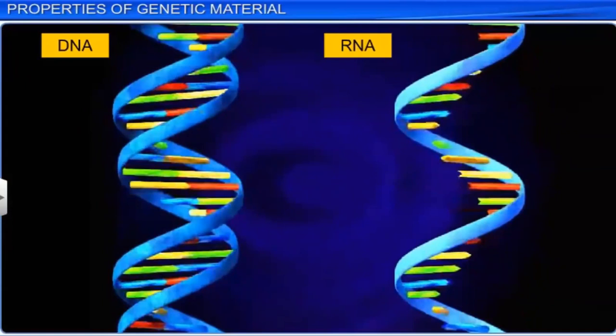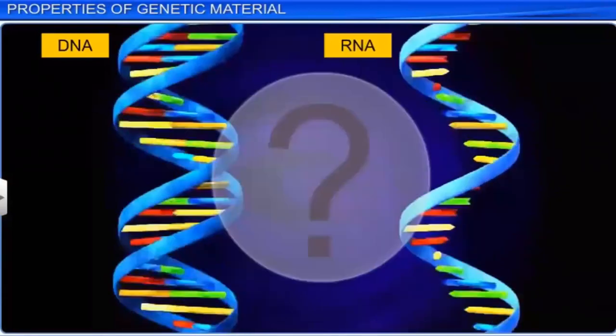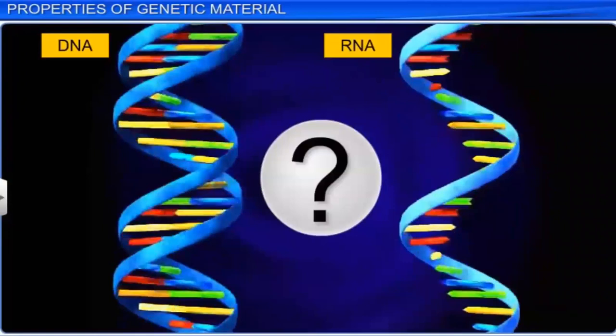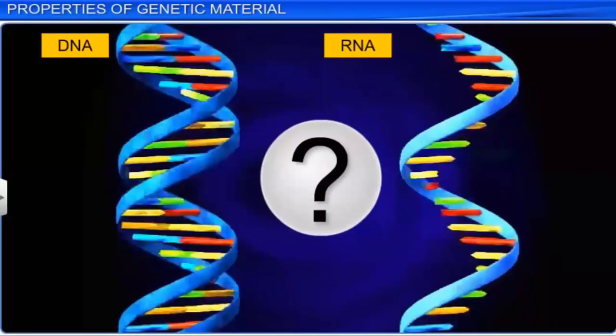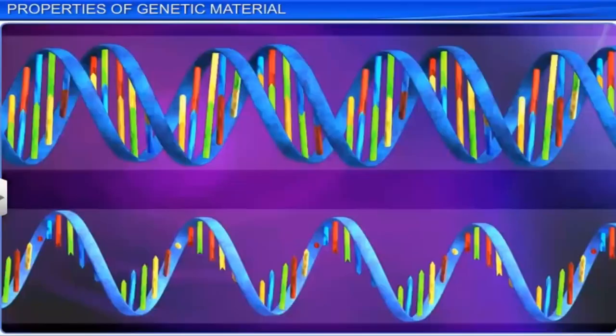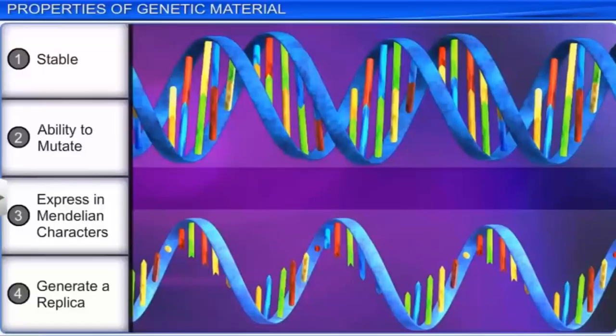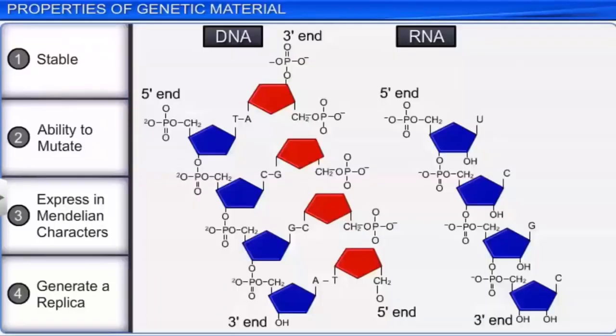And the question that arose was, what exactly made both DNA and RNA suitable genetic materials? The answer lies in the fact that for a molecule to become genetic material, it must fulfill four simple conditions. It should be structurally and chemically stable, which means it should not change with age, change in physiology, or life cycle.